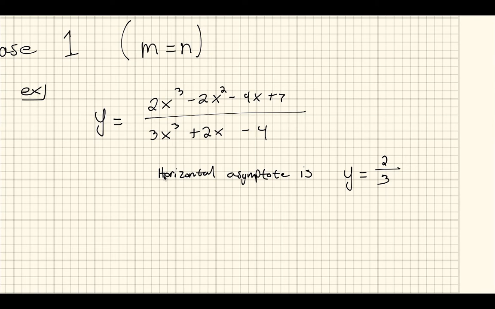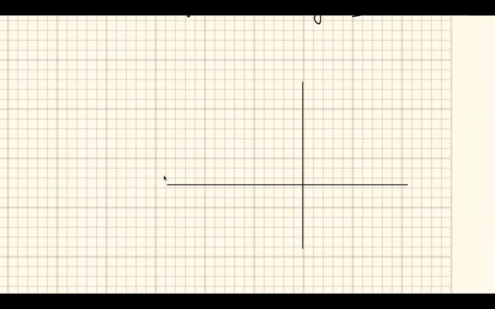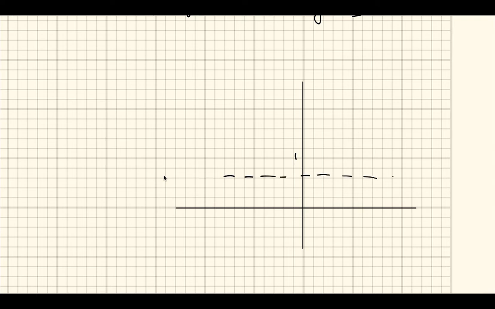That's my horizontal asymptote. And again, what am I referring to? If this is 1 here, that means I have a horizontal asymptote basically at 2/3 that this graph is going to follow. I don't know exactly what it looks like because there's a bunch of other things you need to find, but that's what I'm referring to.